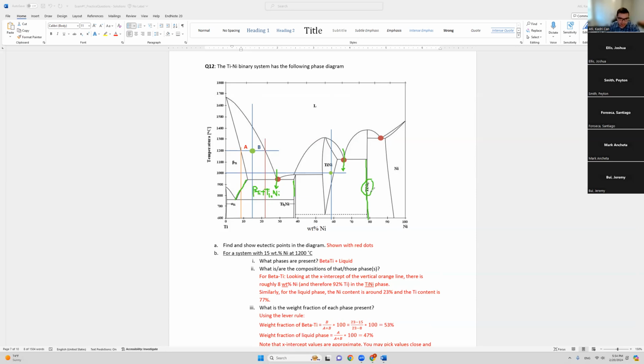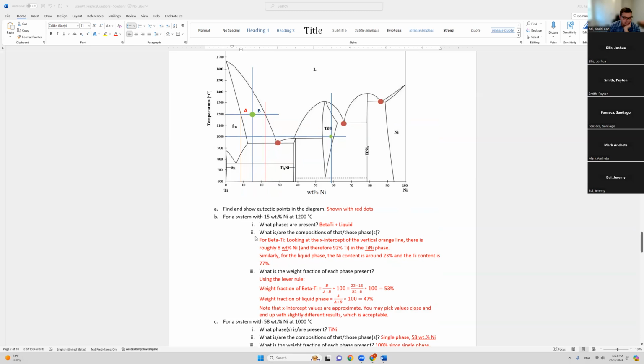And here we have liquid transforming into what phases? Titanium nickel 3 and nickel, basically. I mean, these were not asked in the question, but this is just extra information.